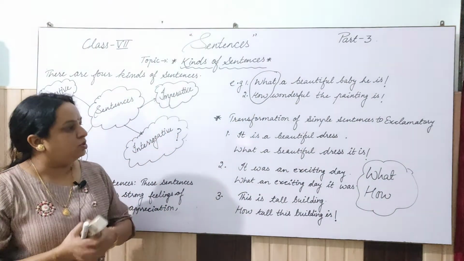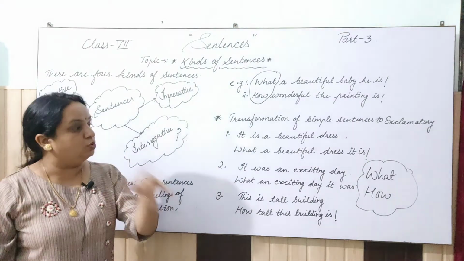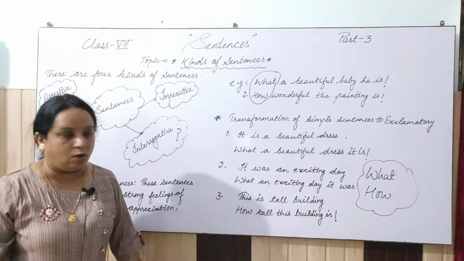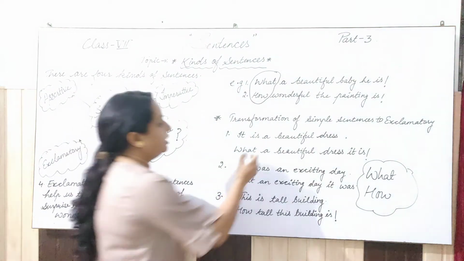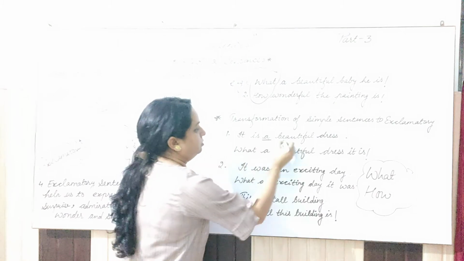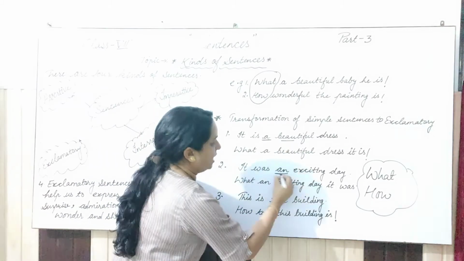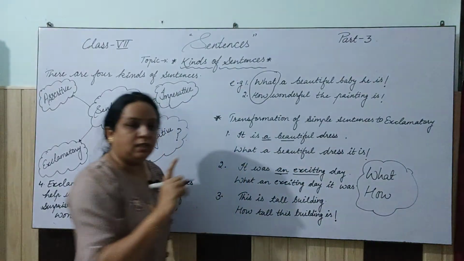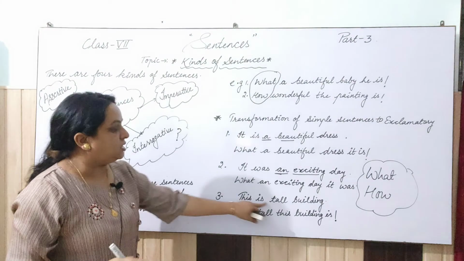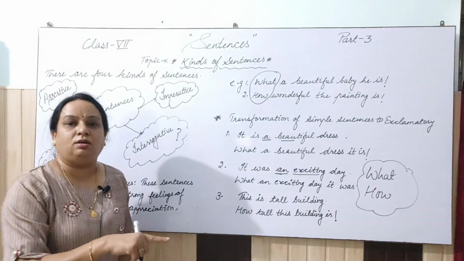And I want to give you a simple trick here, about when you have to use what and when you have to use how. See, it is a beautiful dress. With the adjective we have a, and then beautiful dress. It was an exciting day. An is what? Article. And here exciting is the adjective. This is tall building. The adjective is there, but there is no a or an.